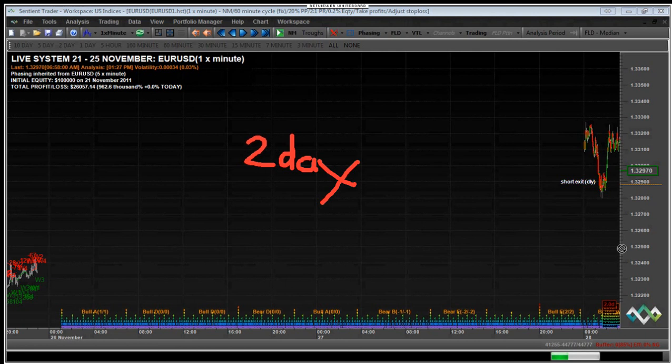Okay, it is possible. There are some occasions where you need to be cautious, and those are occasions where you're looking for the 2-day cycle trough or the 5-day cycle trough to occur really soon on Monday morning, in which case you need to avoid trading.